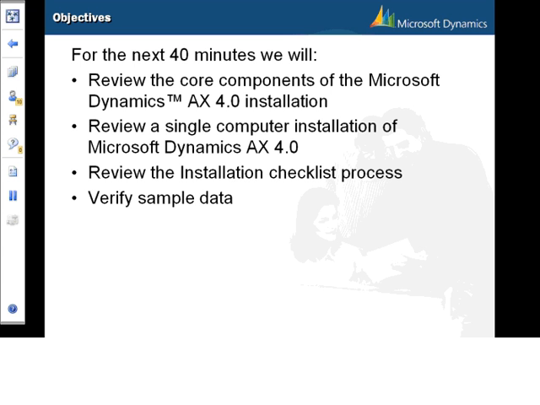This includes the following: compiling the application, entering license information, configuring the system, adjusting global types, synchronizing table indexes, setting up the company account, importing the sample data. The final step of this single computer installation process is to restart the Microsoft Dynamics AX client and verify that the sample data exists in the demo company.